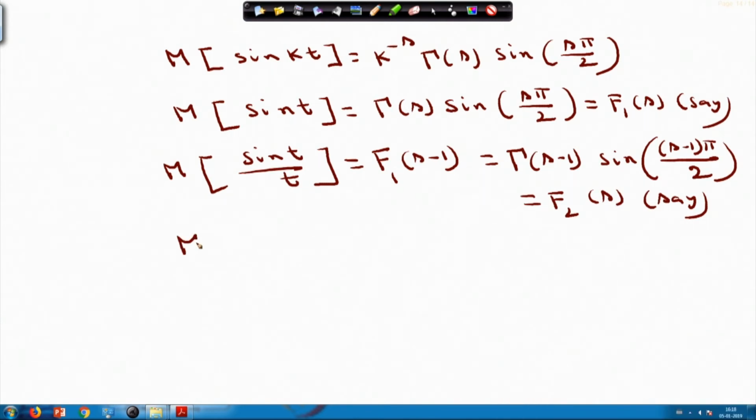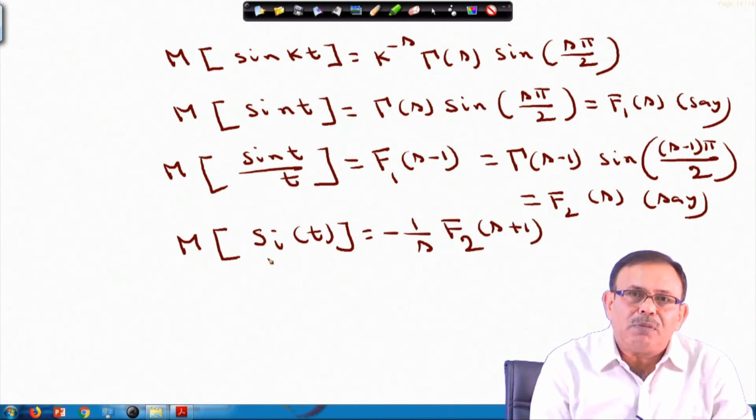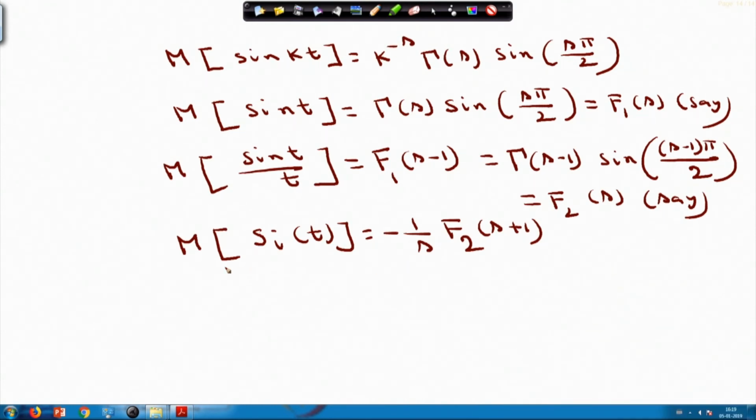From here now, I can write down the Mellin transform of Si(t). This is equal to minus 1 by s f2(s plus 1), because from here sin t by t is there. From the properties we can always write down the Mellin transform of Si(t) equals minus 1 by s f2(s plus 1).